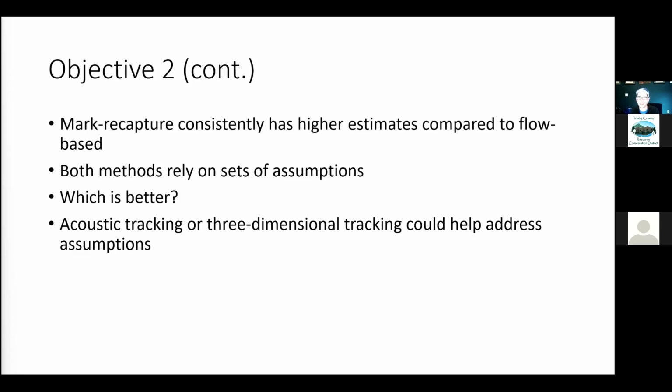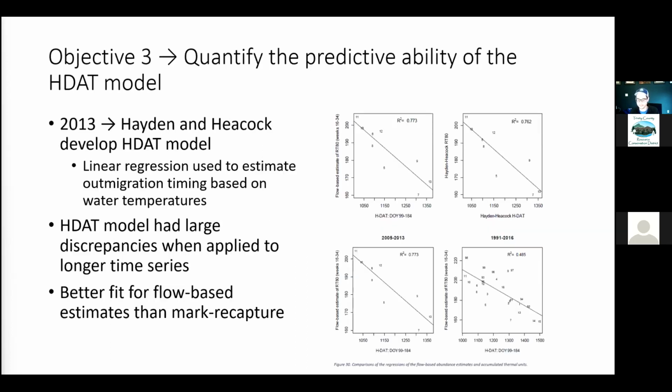My preference is for the mark recapture. That seems to be more accepted, but it does have limitations. Some of the other ways we can get around this is by doing some acoustic tracking, or any other way to track fish three-dimensionally as they pass by the trap, which will help us address some of these assumptions.